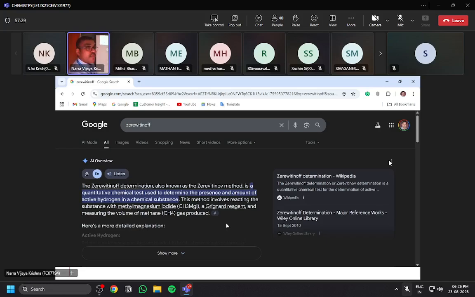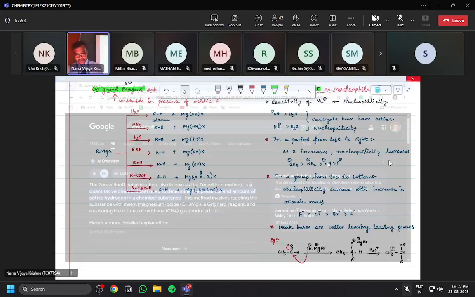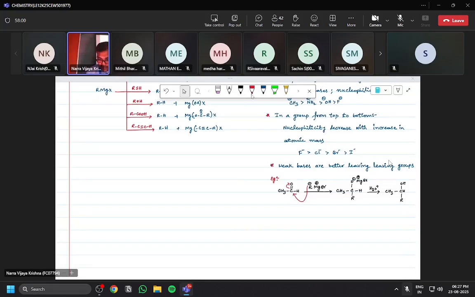Zerewitinoff's method is nothing but finding the number of acidic hydrogens. So in a given molecule, if I add excess Grignard reagent, every Grignard reagent molecule will take one acidic hydrogen. So if you get 10 moles of alkane gas, it means in the given organic compound, 10 acidic hydrogens are present. We call that method Zerewitinoff's method. So I am taking that as a note.